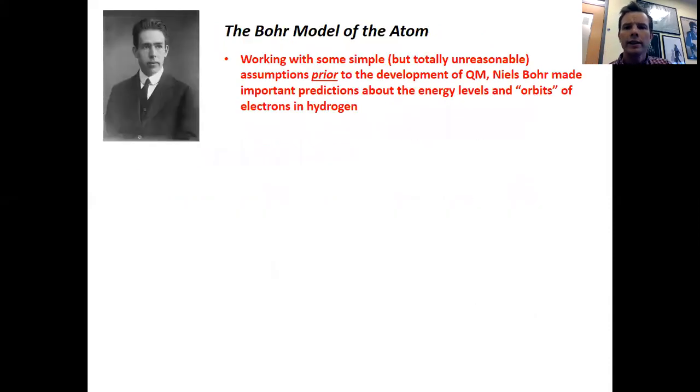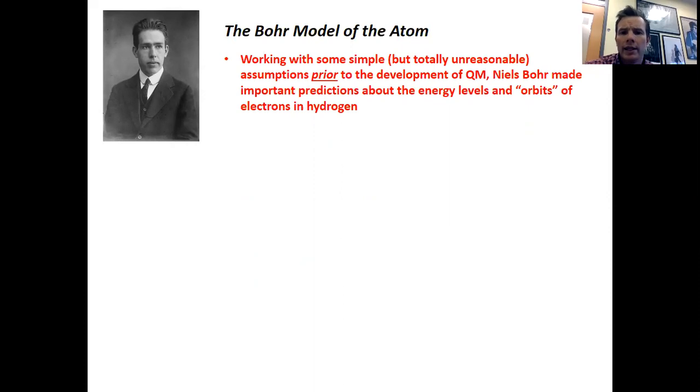So we're going to start with something, however, which is different and totally wrong. It's called the Bohr model of the atom. This is Niels Bohr. He's like a Danish national hero. And he was working before the dawn of quantum mechanics. So before anyone understood the Schrödinger equation or believed it to be true, Bohr was thinking about the structure of atoms.